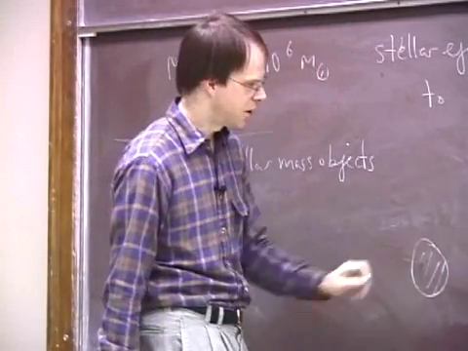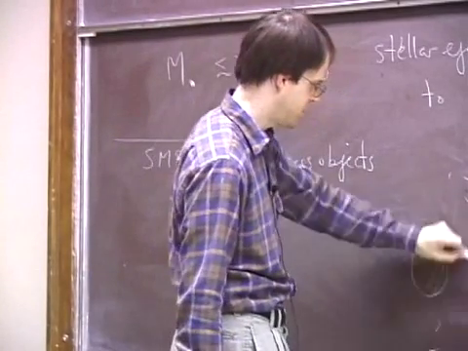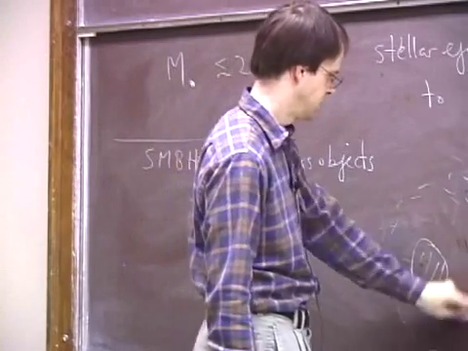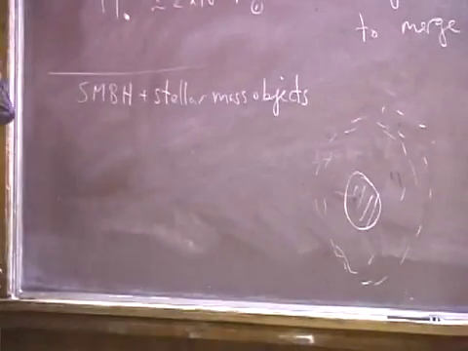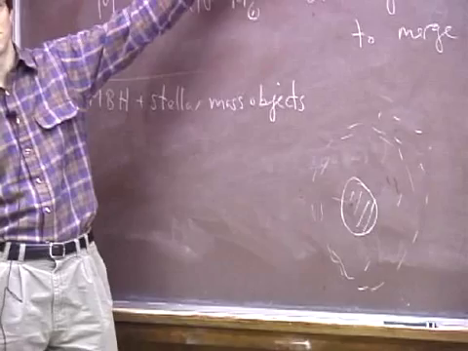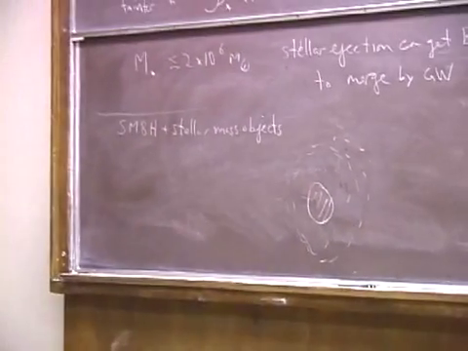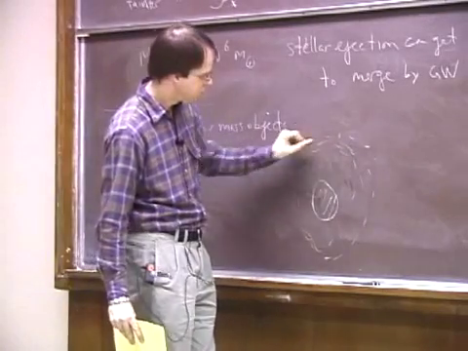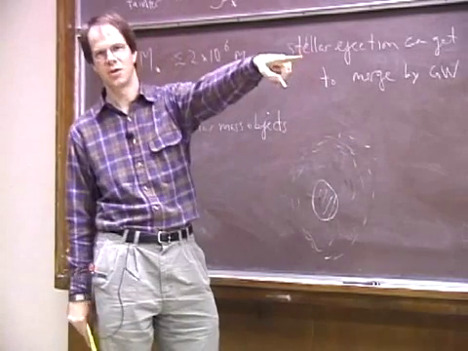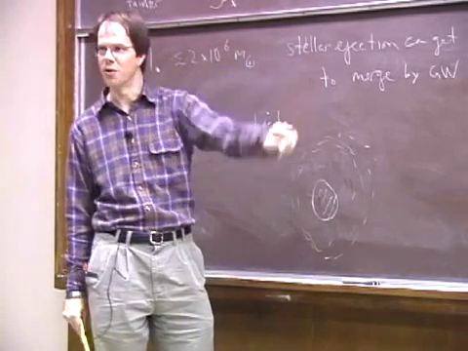So we have our central black hole, and we have our little star cluster. And as I said, low mass black holes have steeper star clusters than high mass black holes. And once again, we have exactly the same thing going on as I described for the binary black holes.